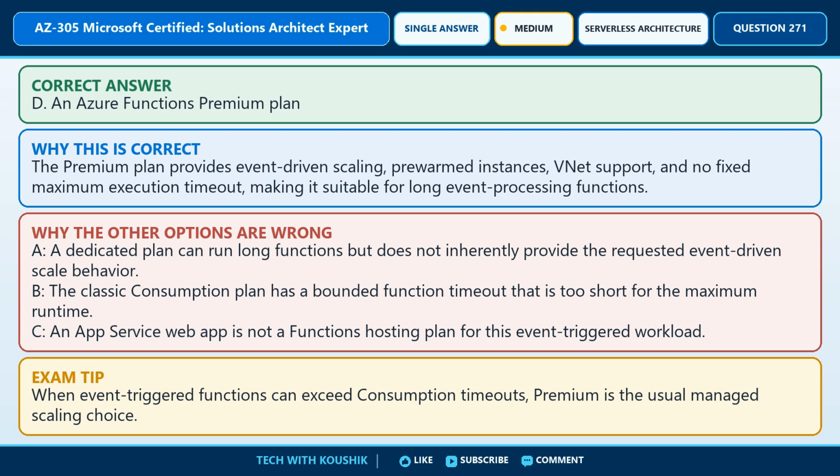B. The classic Consumption plan has a bounded function timeout that is too short for the maximum runtime. C. An App Service web app is not a Functions hosting plan for this event-triggered workload. The key takeaway is when event-triggered functions can exceed Consumption timeouts, Premium is the usual managed scaling choice.